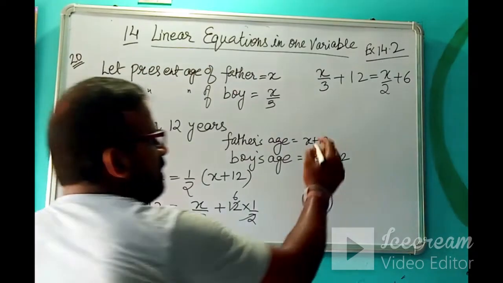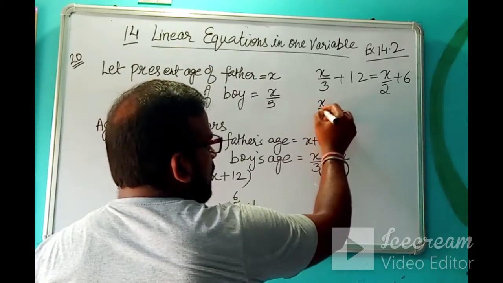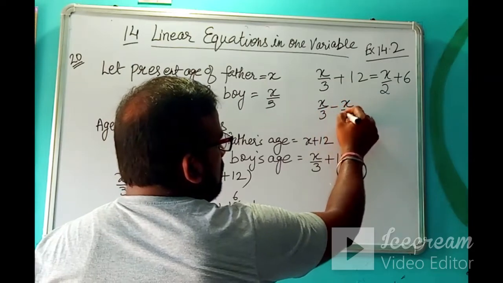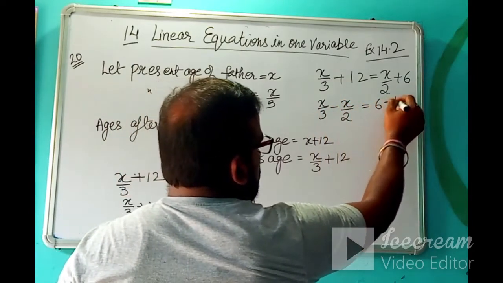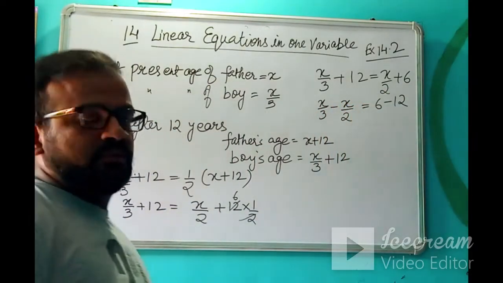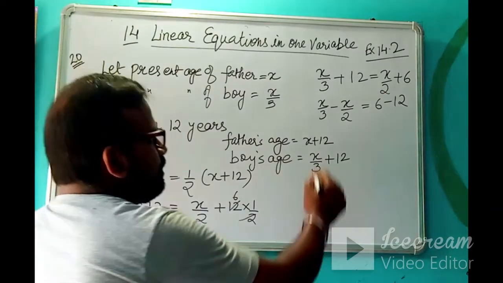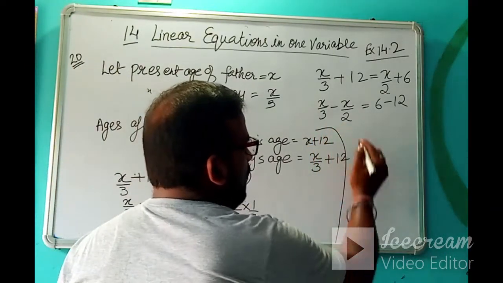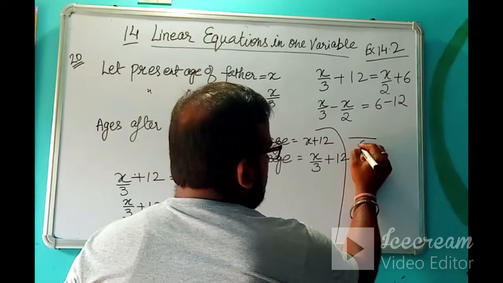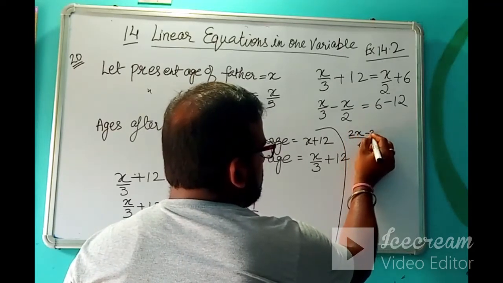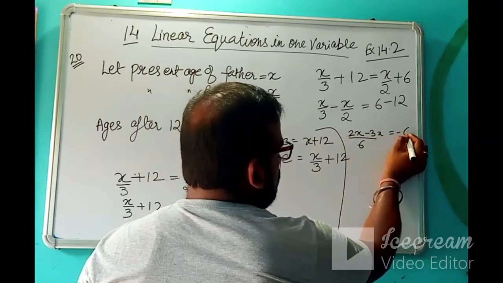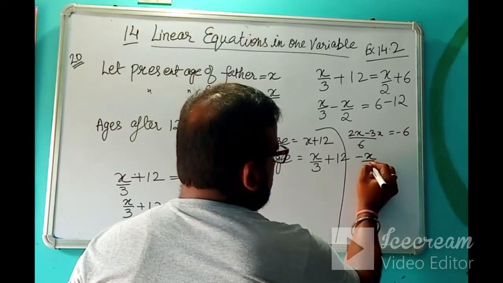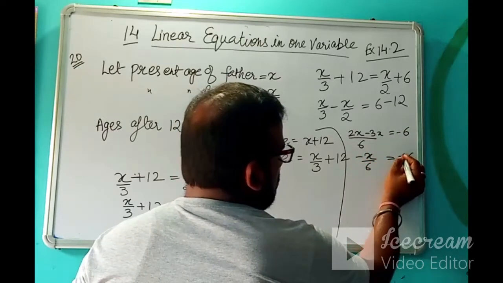Okay, then all the variables on one side and all the constants on the other side. This is what we are doing so far. So what we will get? 6 will be the LCM. 2x minus 3x equal to minus 6, or minus x upon 6 equal to minus 6.